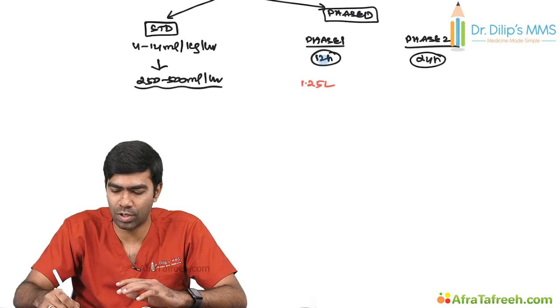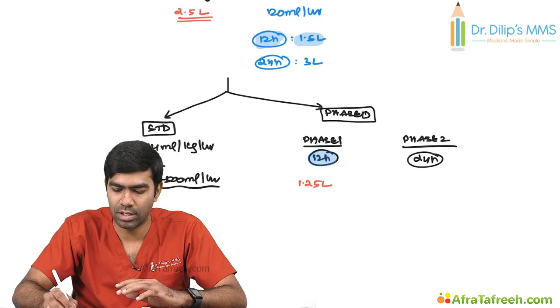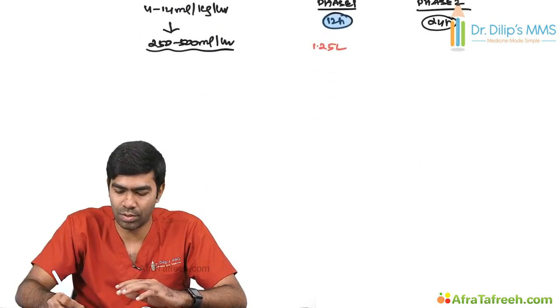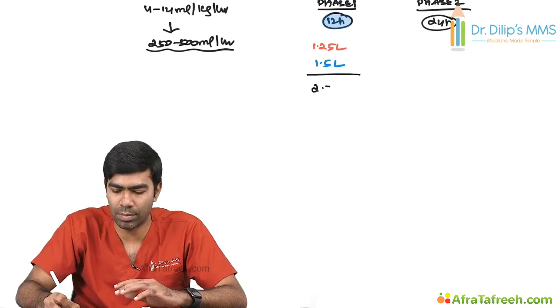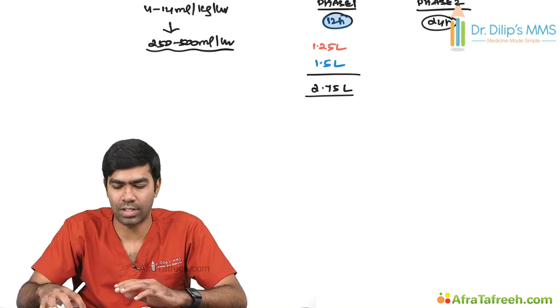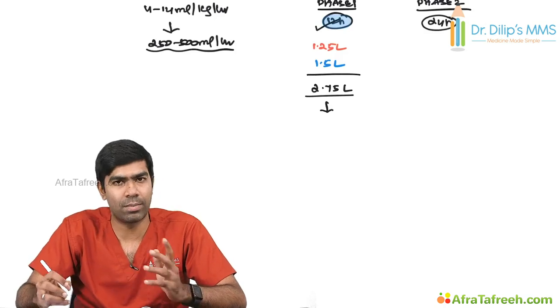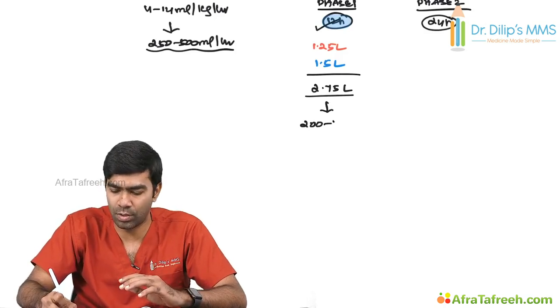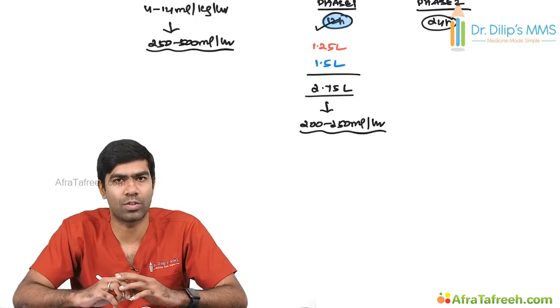Since phase 1 is for 12 hours, what will be the maintenance fluid for 12 hours? We've already calculated. It is 1.5 liters. So I have to use 1.5 liters of maintenance fluid as well. So in total it will come up to 2.75 liters, which has to be distributed over a period of 12 hours. Once I divide by 12, I'll be getting approximately 200 to 250 ml per hour. This is the fluid rate during phase 1.